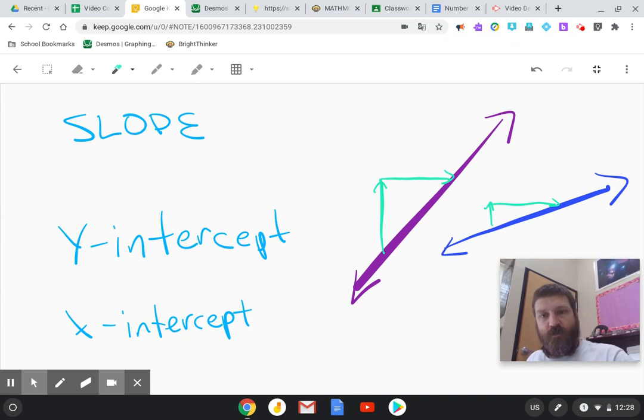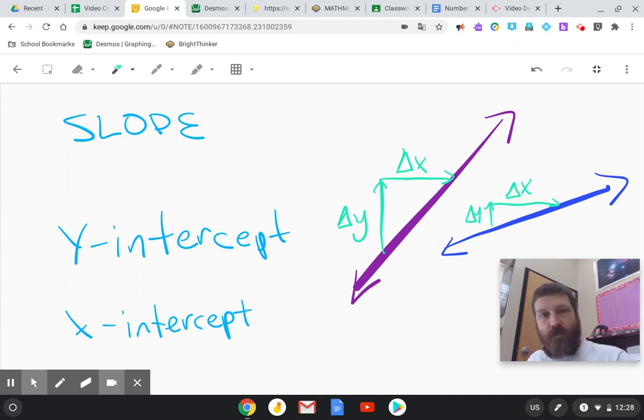There's a different relationship between the change in y, delta y, and the delta x than there is between this change in y and this change in x. So the relationship between these changes of x and y are different. And so the slope is a way of talking about that.